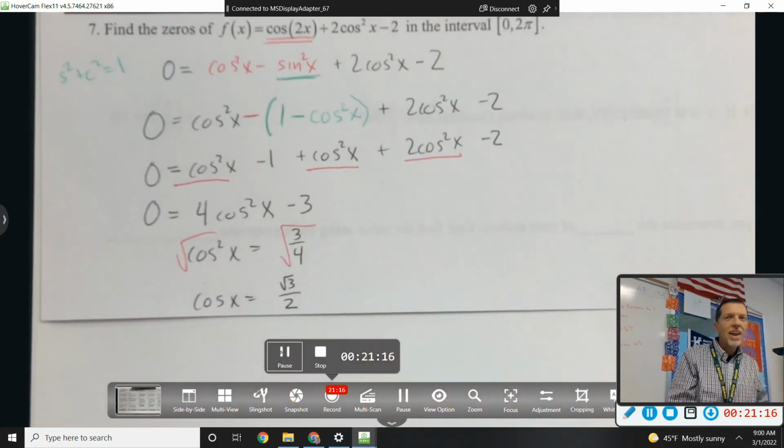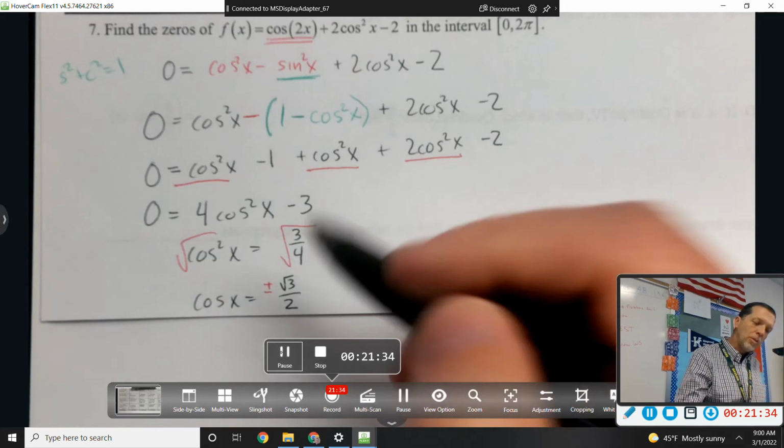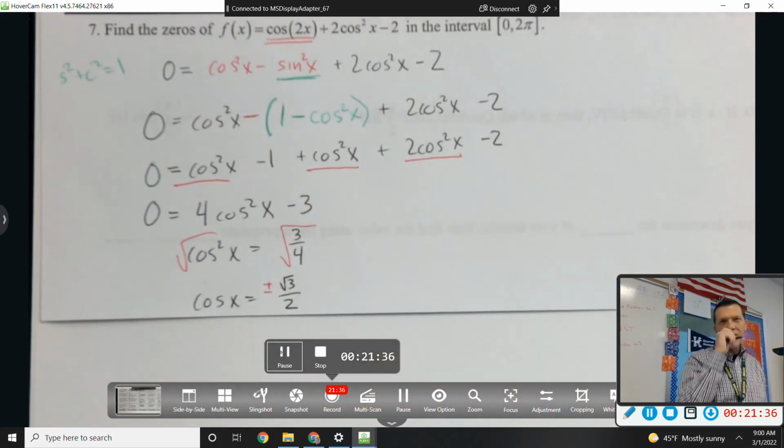And if you go with that, you're going to miss half of the answers. What did I intentionally gloss over there to see if everyone's paying attention? The plus or minus. When you put the square roots on, don't forget the plus or minus. But that's good news, because now I don't care about quadrants, because it's all of them.